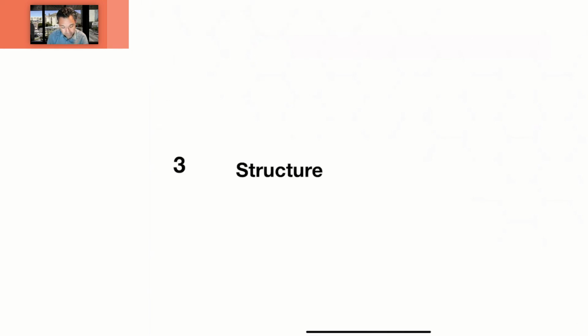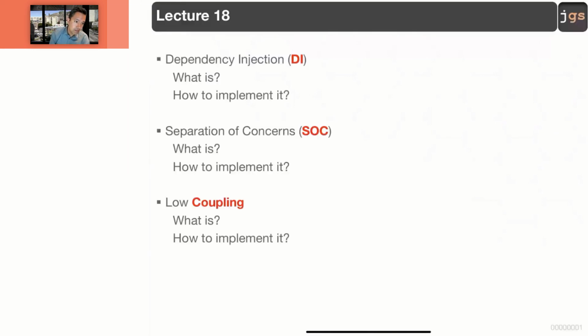Structure. The last thing that we review: a lot of questions in your exam. For sure, all of you are going to have these kinds of questions regarding the metrics that we have been reviewing in the previous weeks. So please be sure that you are able to calculate distance, instability, and abstraction for classes and for packages. You are doing that in your project.